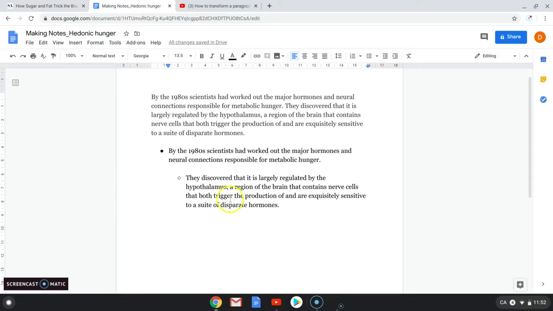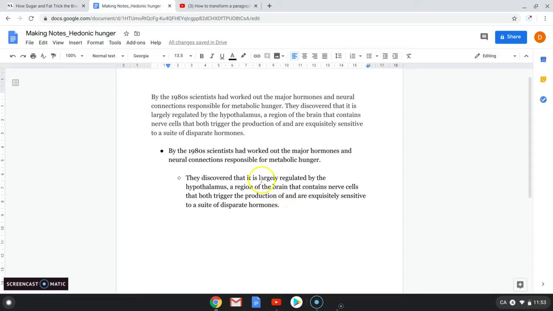They trigger the production of what? And are exquisitely sensitive to a suite of disparate hormones. Oh, that's a tricky syntax over here. So they trigger the production of the disparate hormones, and they are exquisitely sensitive to these disparate hormones.